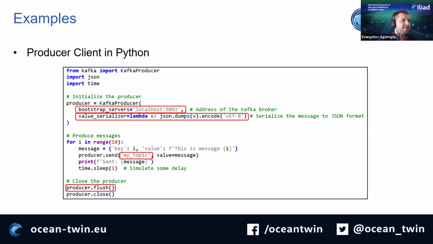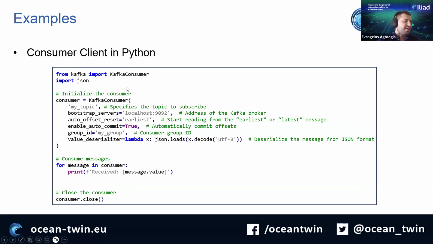Moving on, we have the consumer client in Python. Here we similarly have some properties in order to configure the consumer. We have the topic, which defines the topic the consumer will be subscribed to in order to consume messages.